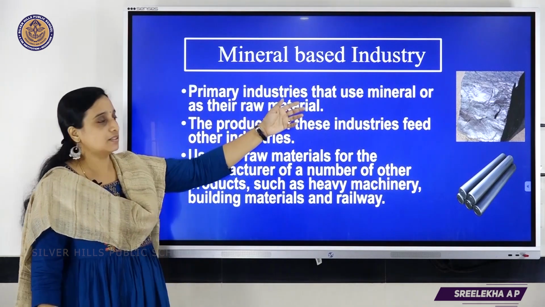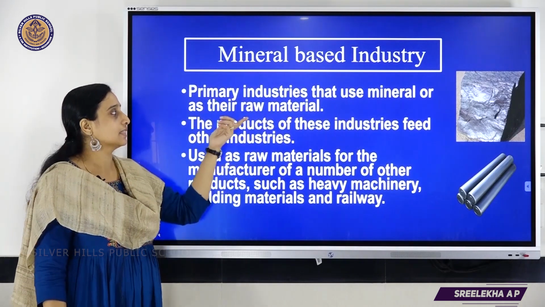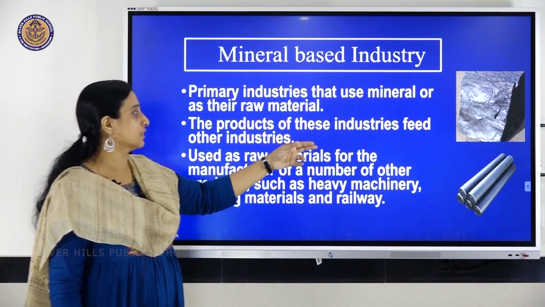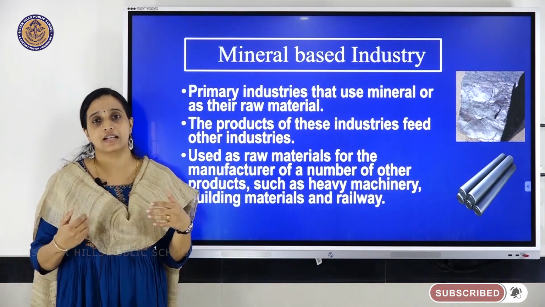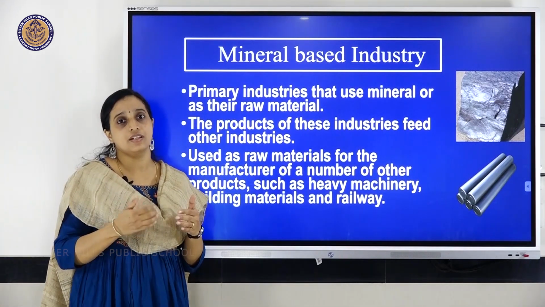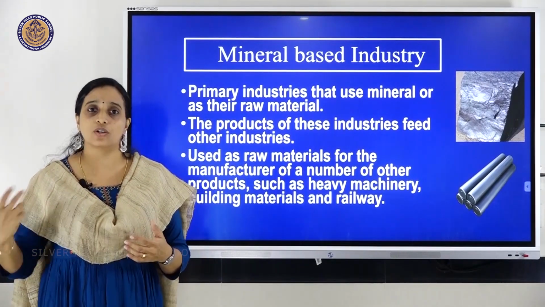The definition we are discussing here is of primary industries that use minerals as their raw material. The products of these industries feed other industries. As we know, TISCO, the Tata Iron and Steel Company, is an industry that supplies many other industries like machinery and automobiles.